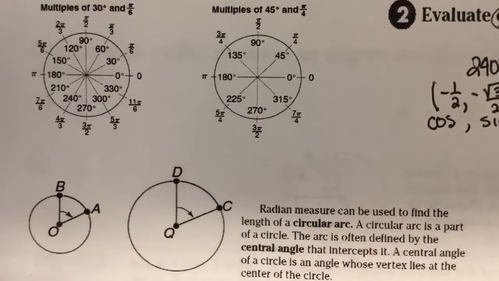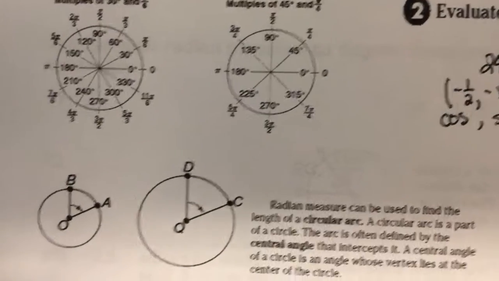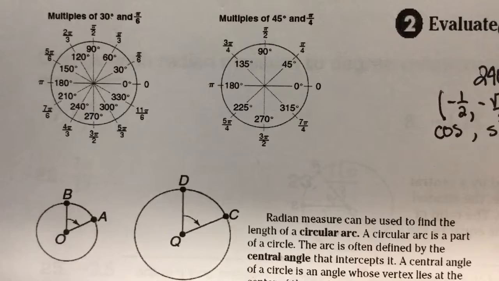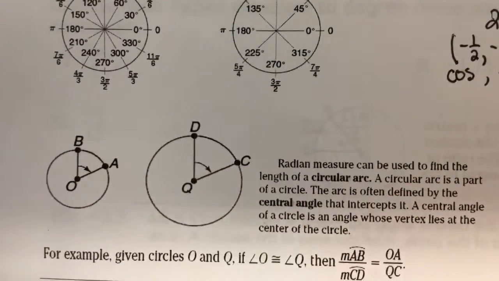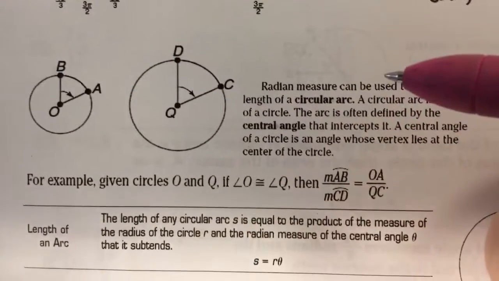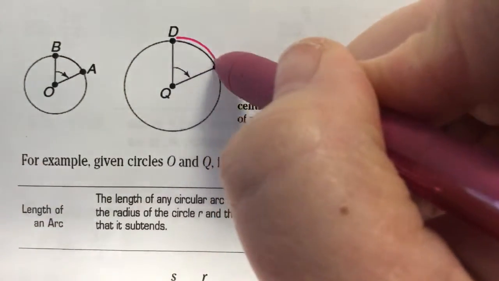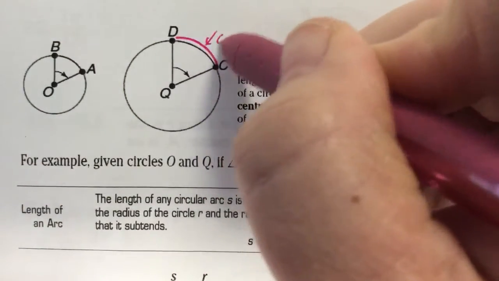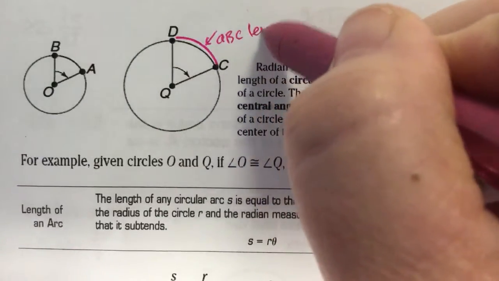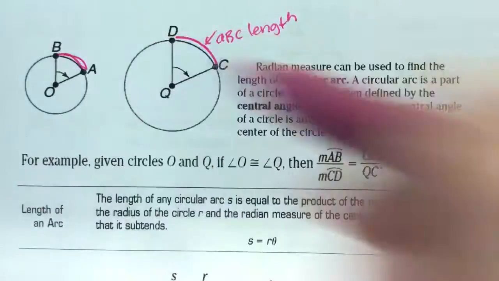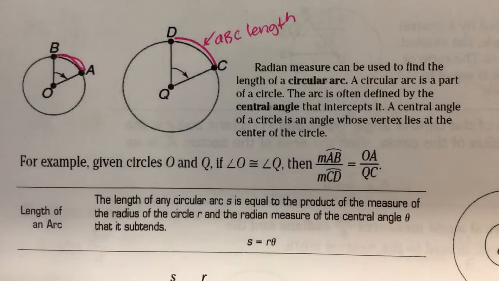When we talk about arc length, in this picture, we would be talking about the length from D to C. Okay, that would be the arc length. A to B would be the same thing when we're talking about arc length.